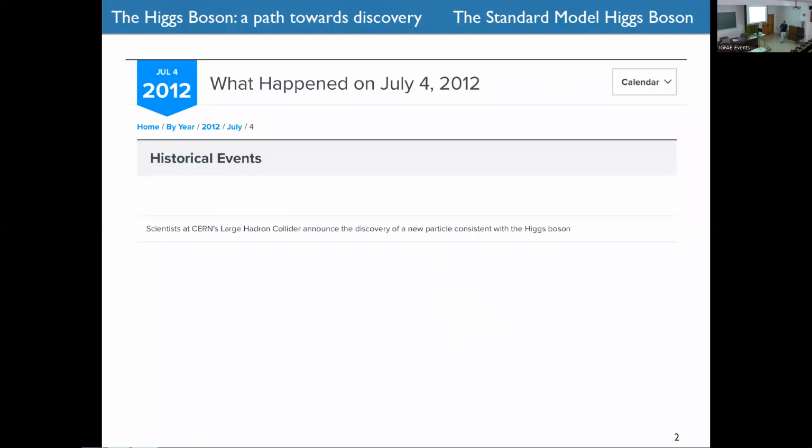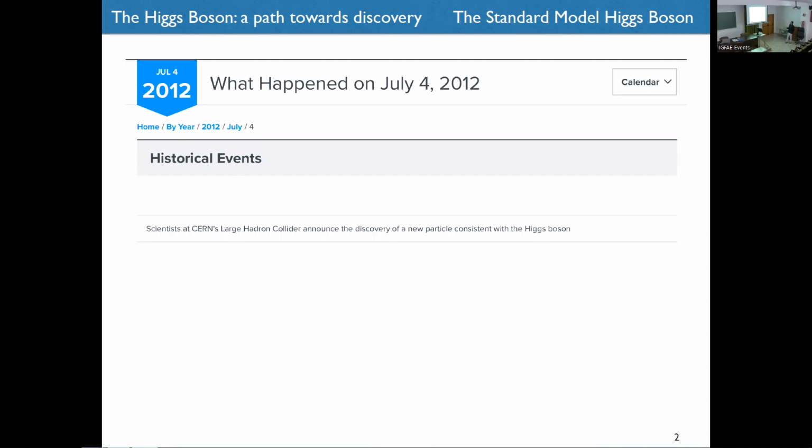If you go online and look for historical events on the 4th of July, 2012, you'll for sure find that the scientists at CERN announced the discovery of a particle that has seemingly the same characteristics of the long sought after Higgs boson.